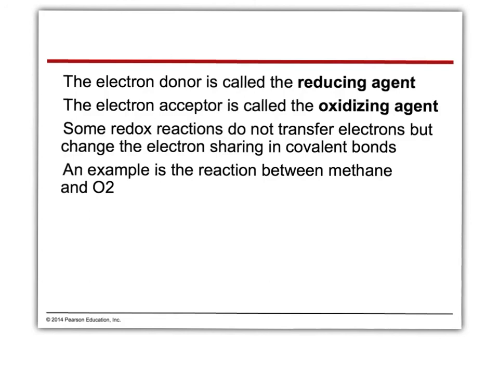So this terminology tends to confuse a lot of students. My point: if you follow where the electrons are going, what is being reduced, what is being oxidized, where the electrons are coming from and where they are going, that's more important than knowing this exact terminology. Because the reducing agent, which is glucose, is going to be your electron donor.